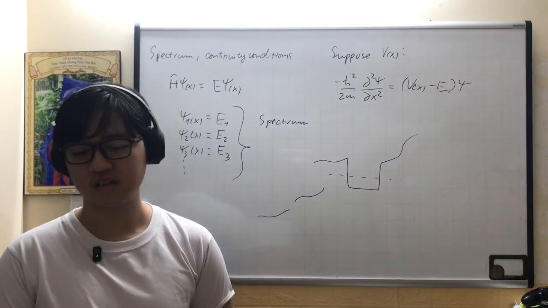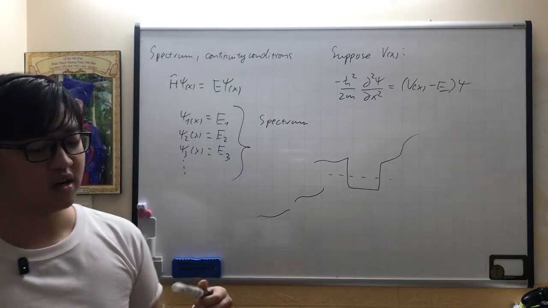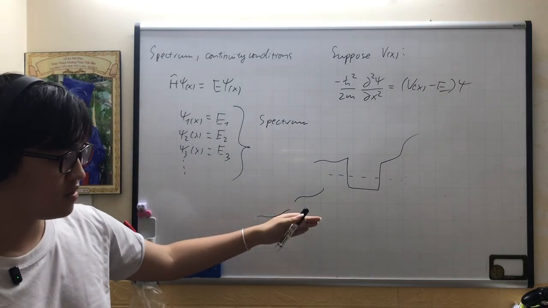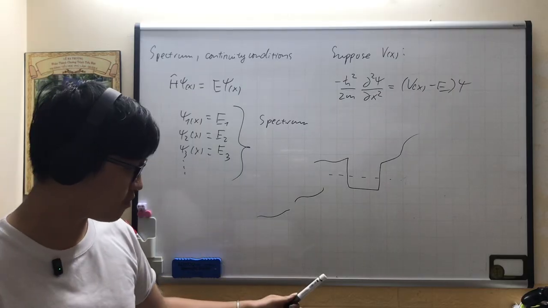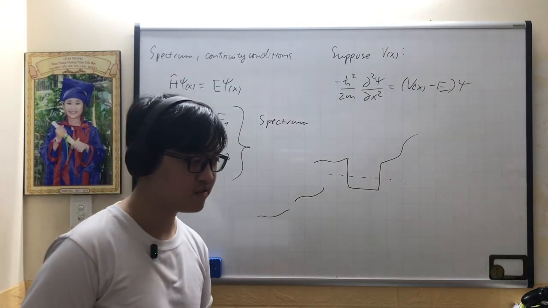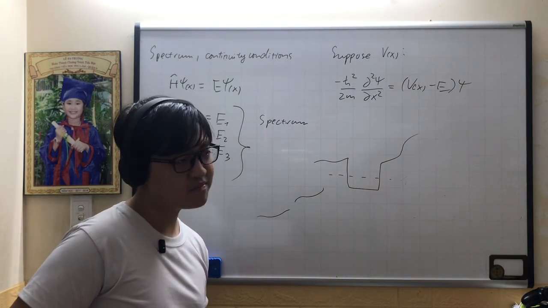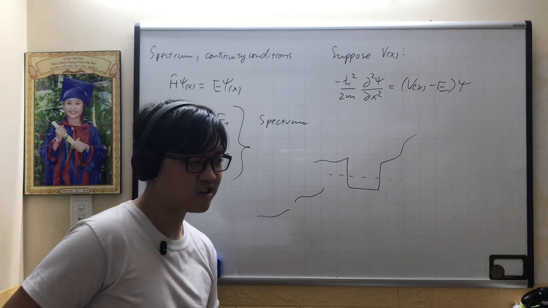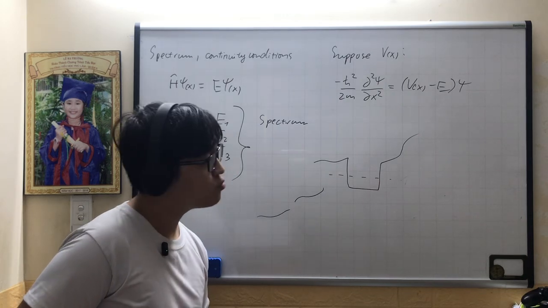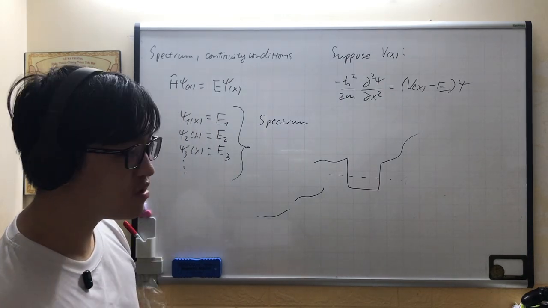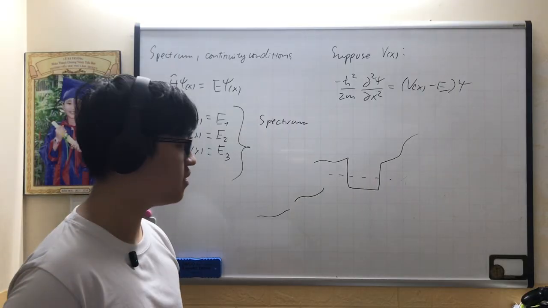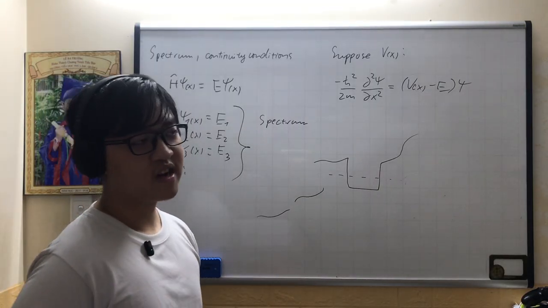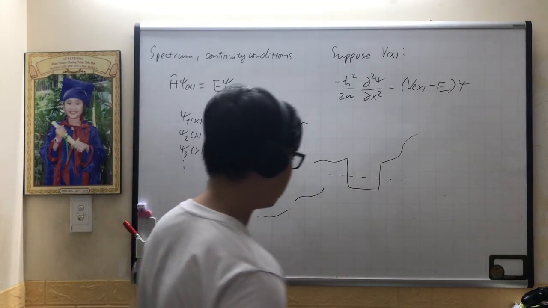And next, your psi has to be continuous unless there is one problem that would have a discontinuity in your wave function, and that is if and only if your potential has a delta function.